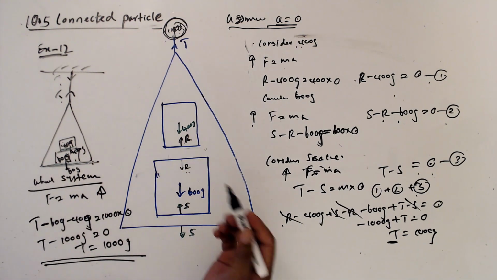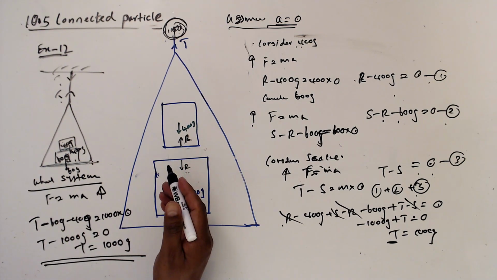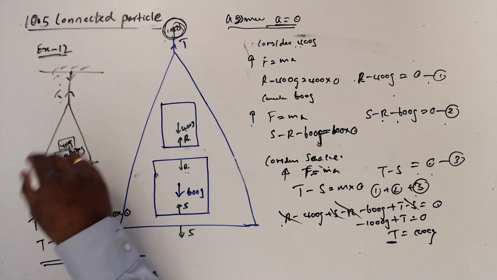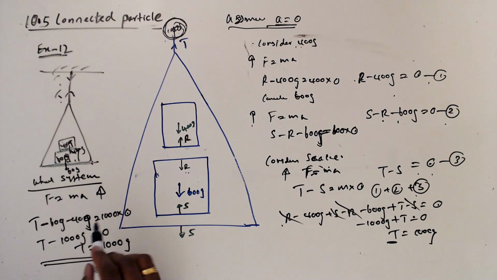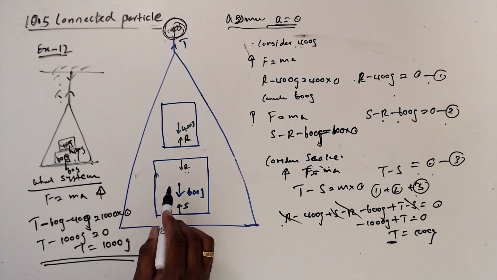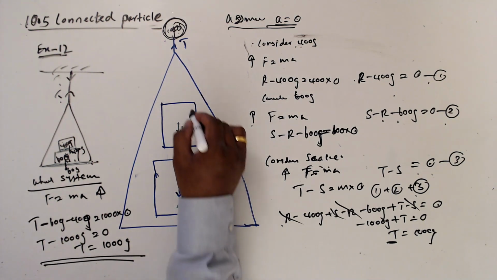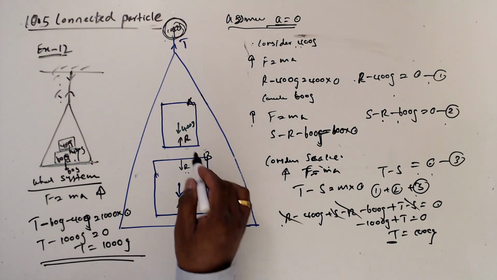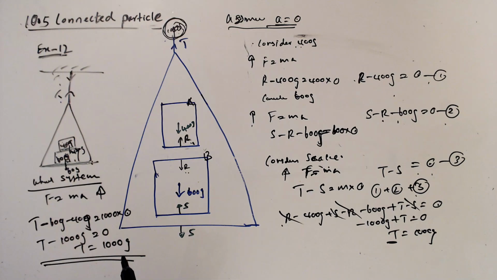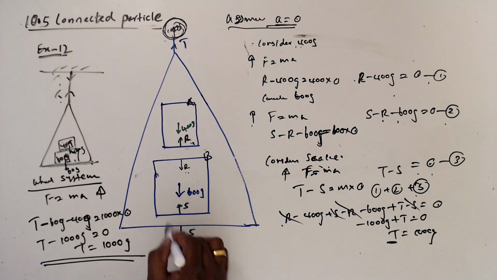But if they ask one by one, for example, in this question, find the tension in the string, we can consider the whole system and find the tension. Then find the force exerted on B by mass A. So this is A and this is B. They are asking to find this R value. Then find the force exerted on B by the scale, so they want to find this S in the third one.